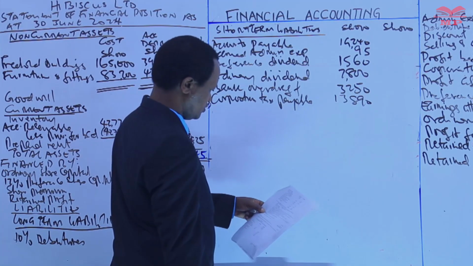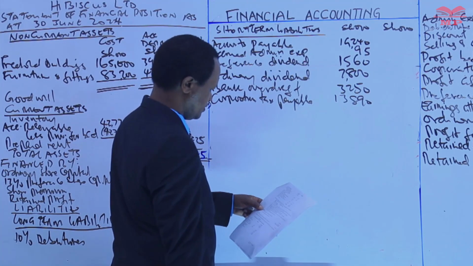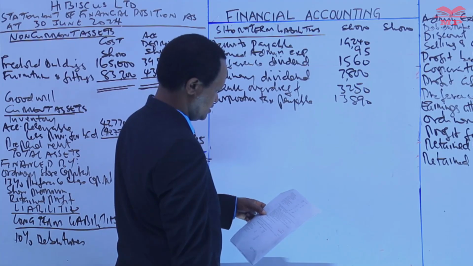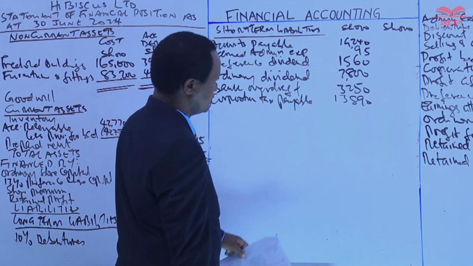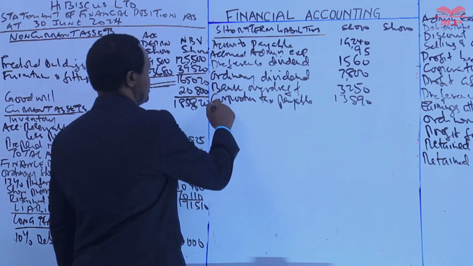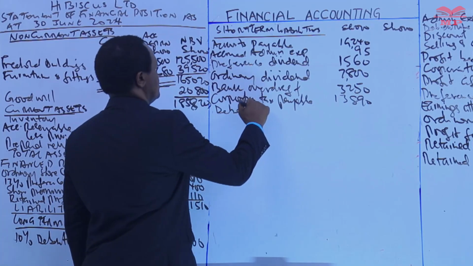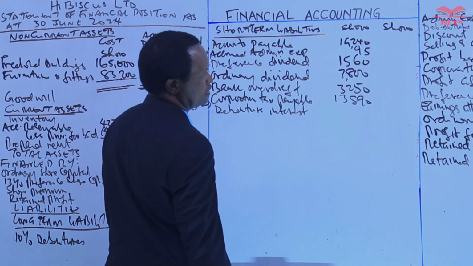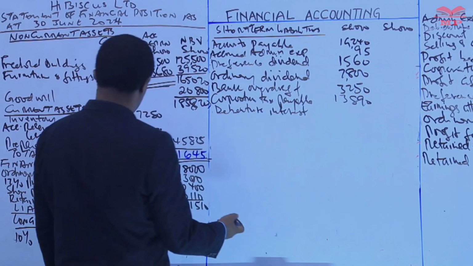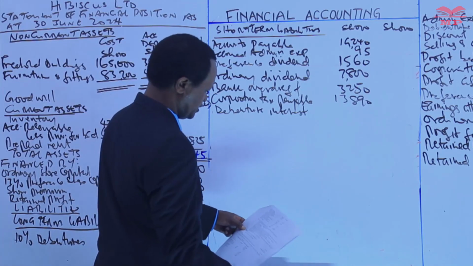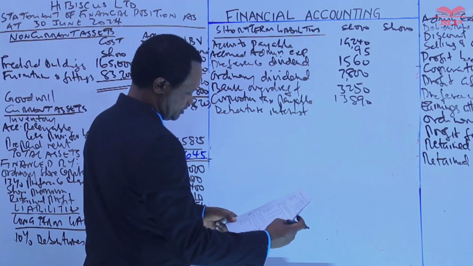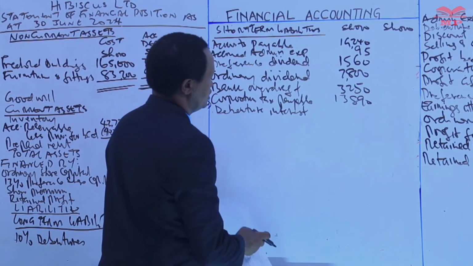Then there was also debenture interest that was not paid. The debenture interest rate is 10%. Debenture interest is 10% of 13 million, which is 1.3 million.